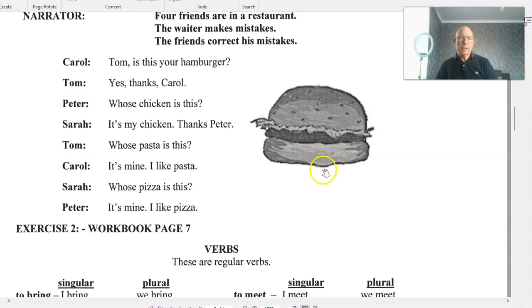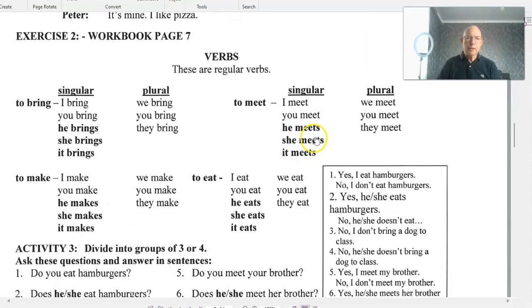Okay, so that's the basic dialogue in which, if we have this many people, we could go ahead and role play this scene in the restaurant. Now we go to some additional words that we already looked at above, reviewing the conjugation of some of the verbs.